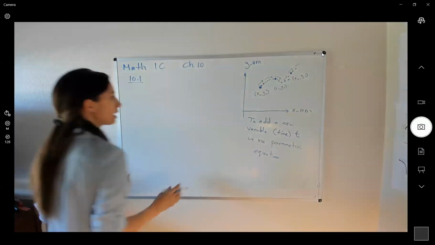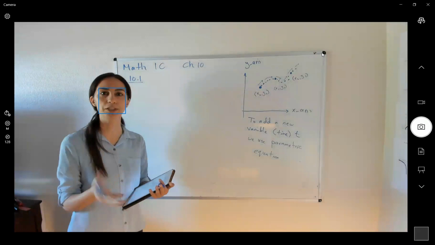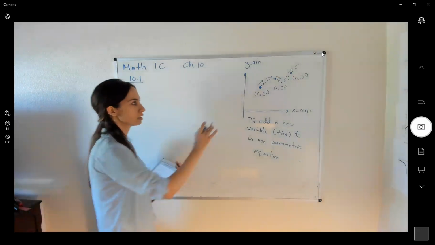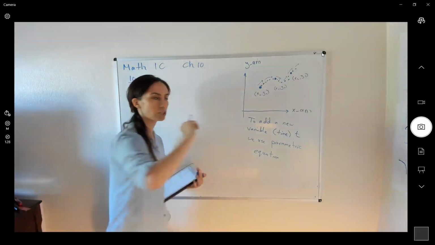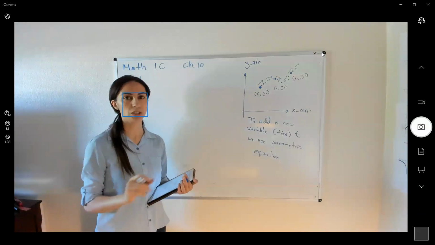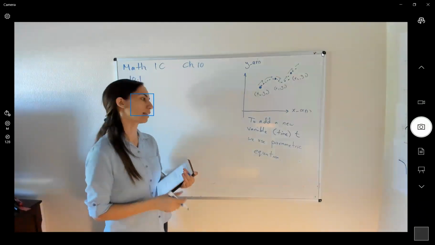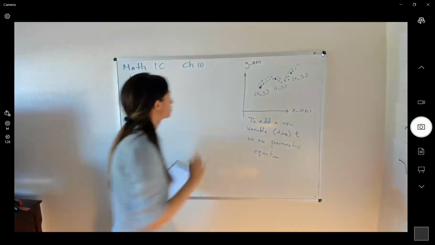So let us write down the official definition of a parametric equation. We can define the position of a particle using two new functions that depend on t.